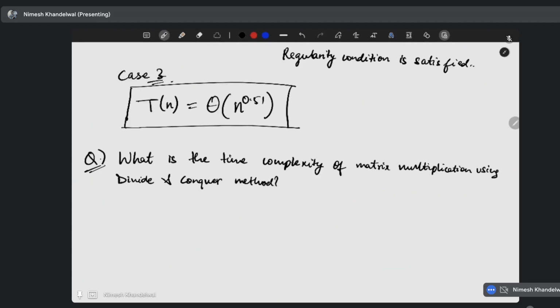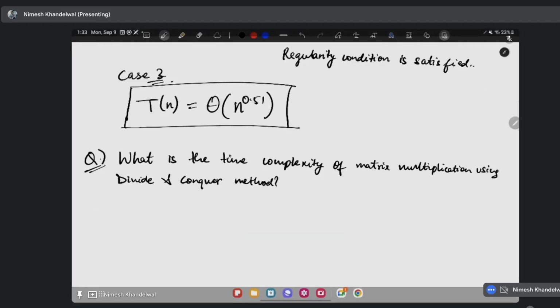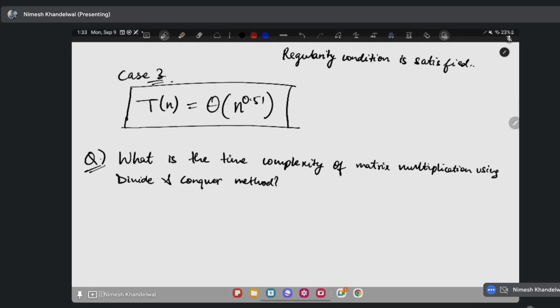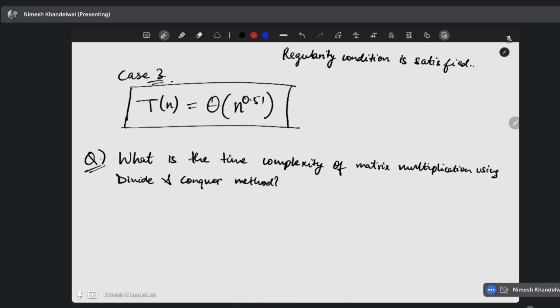So for matrix multiplication to be posed as a divide and conquer method, let's say we want to write something like this.